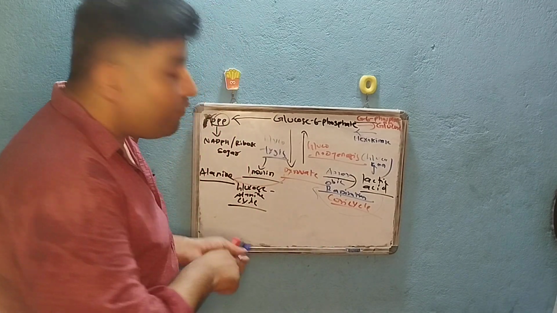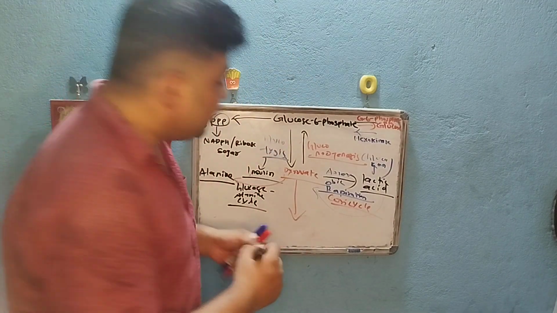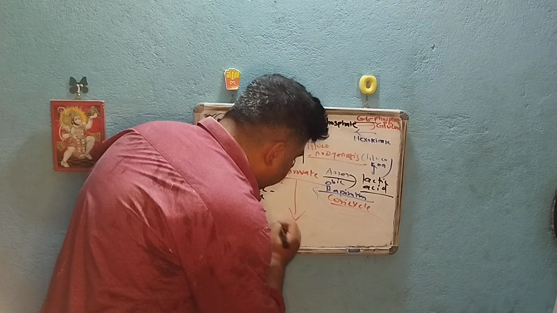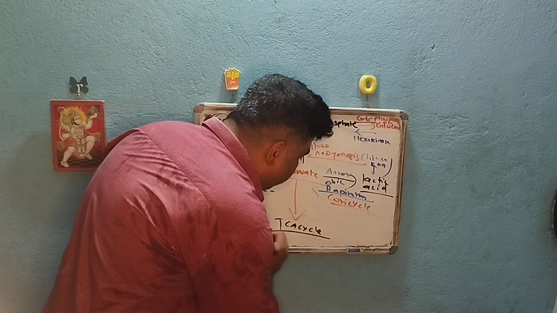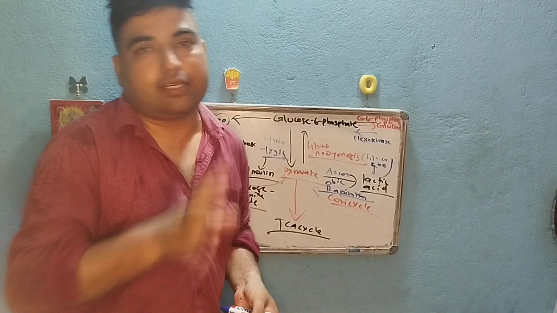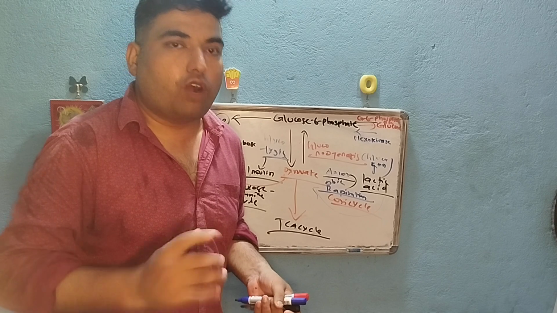Now in case of aerobic respiration, pyruvate is diverted into the mitochondria, where it is completely oxidized via the TCA cycle or Krebs cycle into carbon dioxide and water.